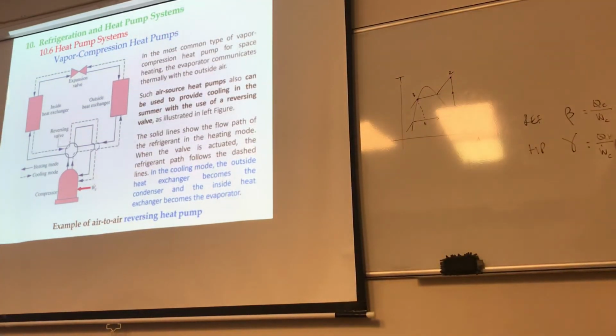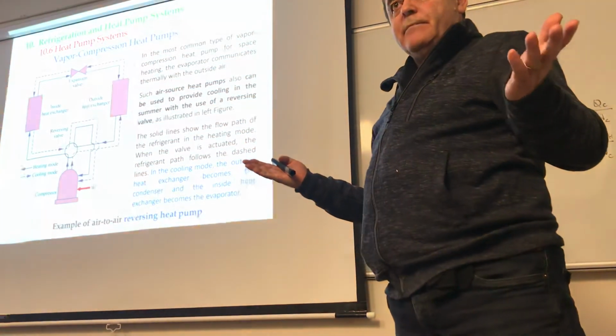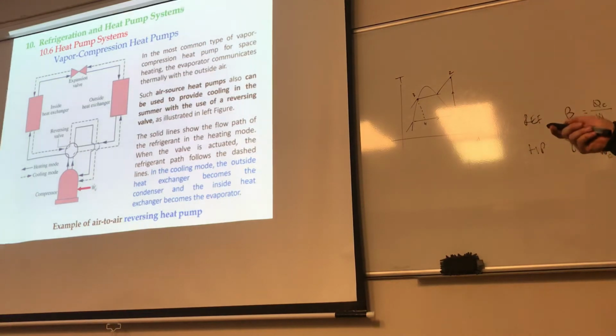The condenser becomes the evaporator, and the evaporator becomes the condenser, in a sense. So this is the most common type of vapor compression heat pump for space heating. The evaporator communicates thermally with the outside air. That outside unit that you have in the house is typically the evaporator, right? But then such air source heat pumps can also be used to provide cooling in the summer, right? With the use of a reversing valve, okay?